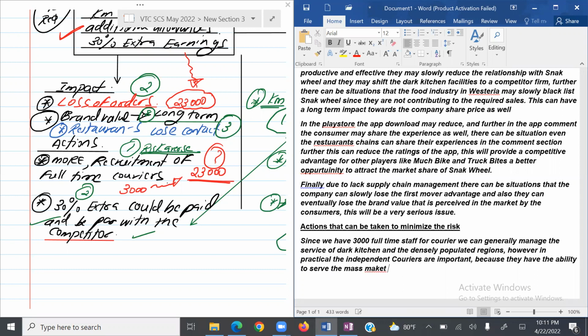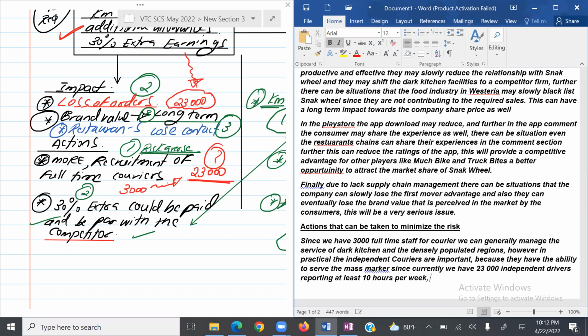Since currently we have 23,000 independent drivers reporting at least 10 hours per week minimum.